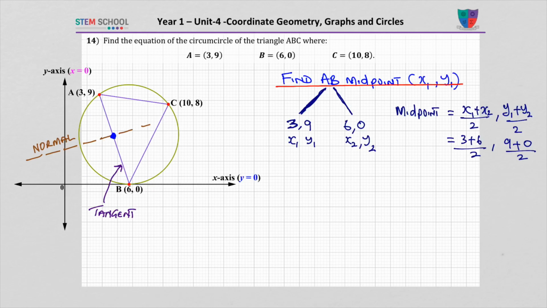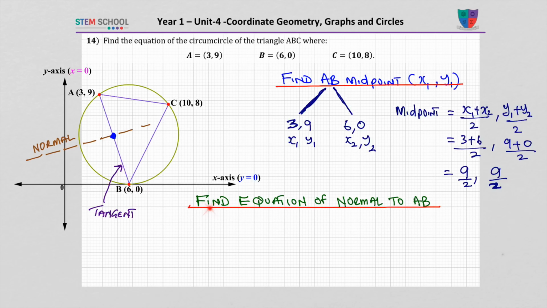And that is 3 plus 6 over 2, 9 plus 0 over 2. So the midpoint of AB is 9 over 2 as the x value, which is now the new x1, and 9 over 2 as the y value, which is the new y1.